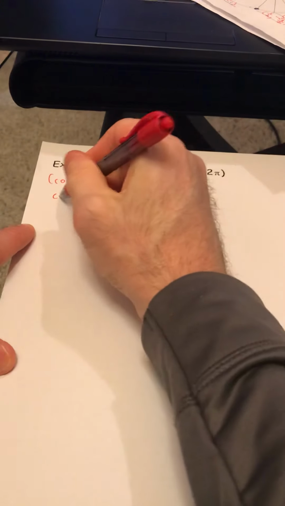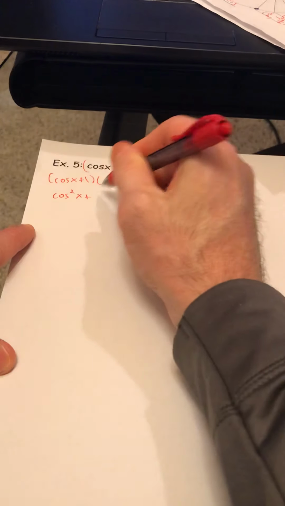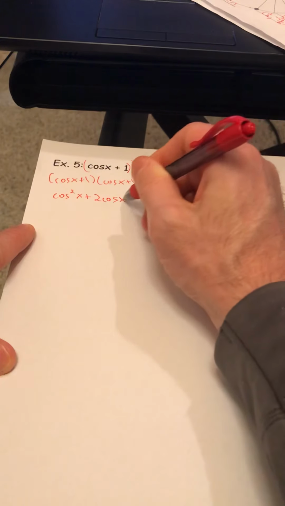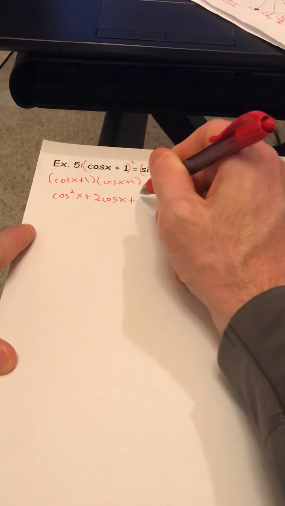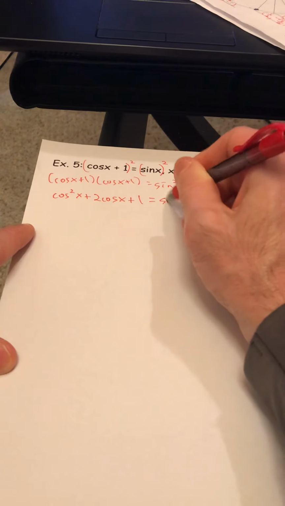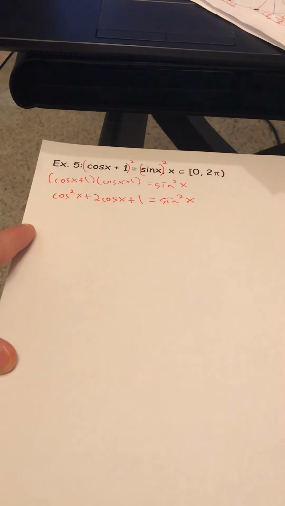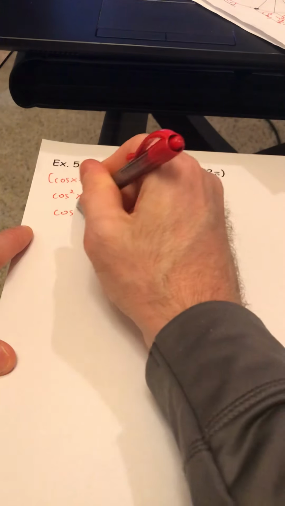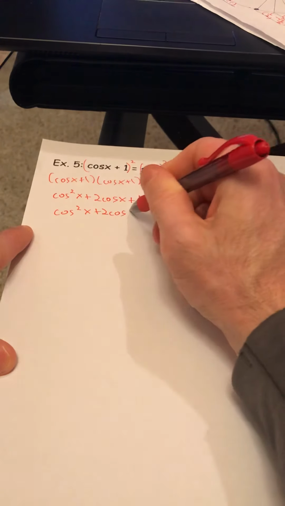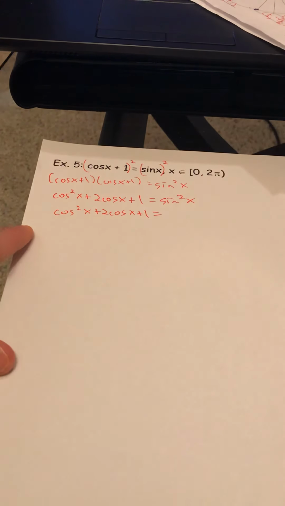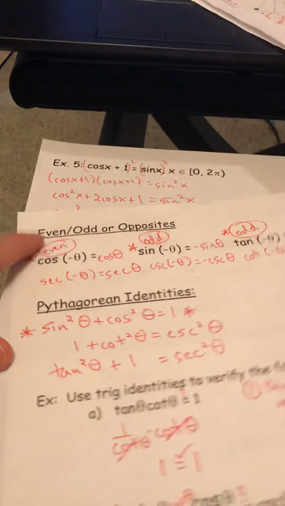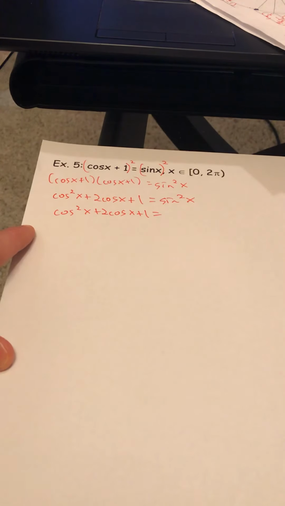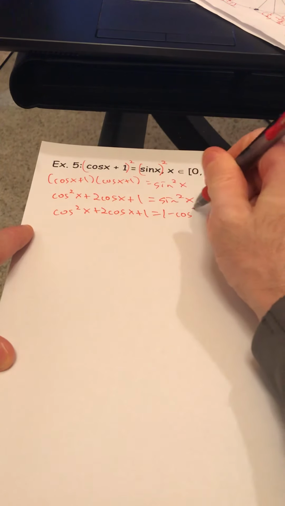Now, for this, cosine squared x plus, when I FOIL it out and combine like terms, 2 cosine x plus 1 equals sine squared x. Now, from here, kind of like the problem we just did, I am going to have to use a Pythagorean identity substitution. Sine squared is 1 minus sine squared, or cosine squared, excuse me.